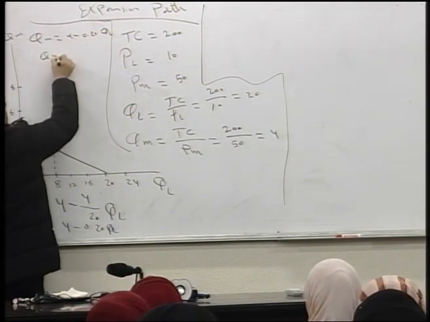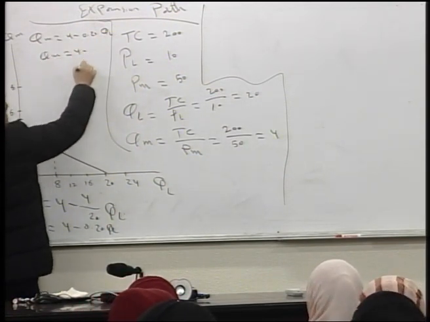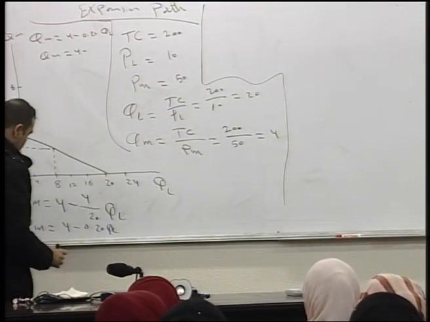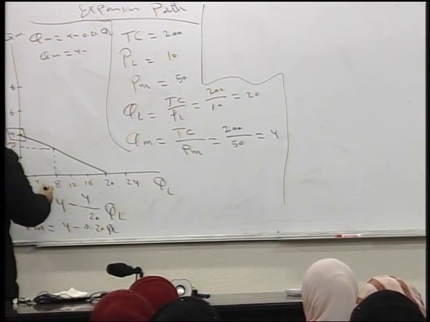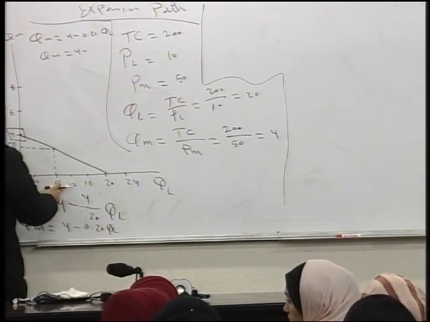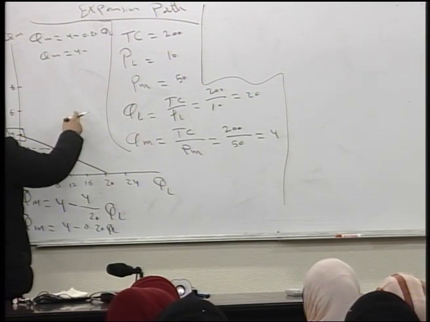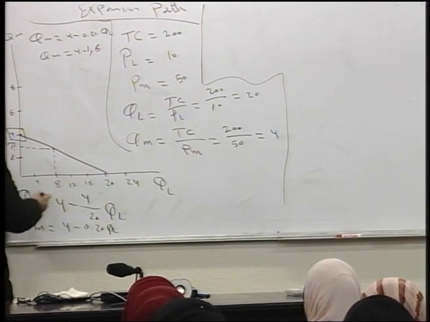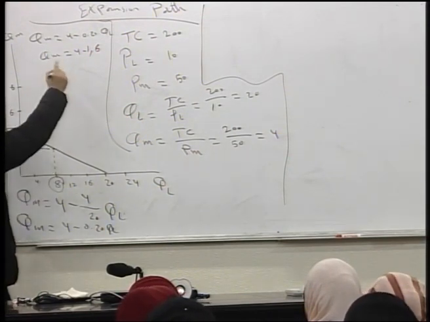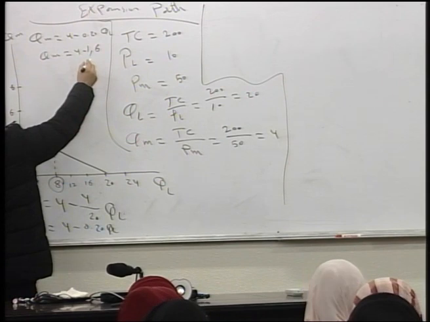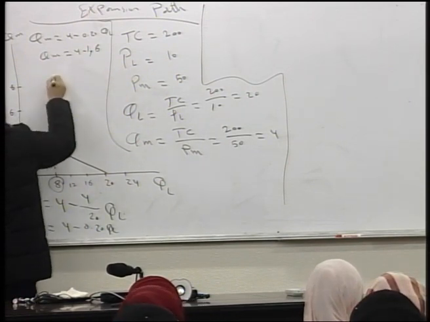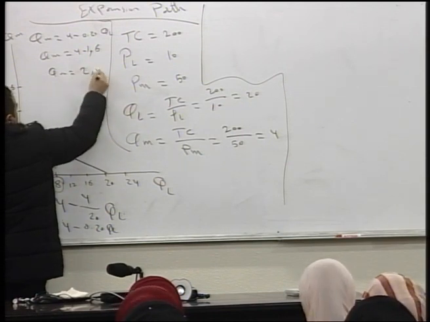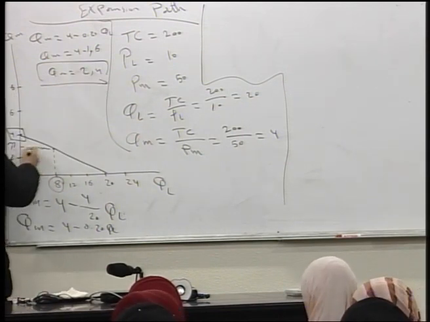So QM equals 4 minus 0.2 times 8, which is 1.6. So QM equals 2.4.